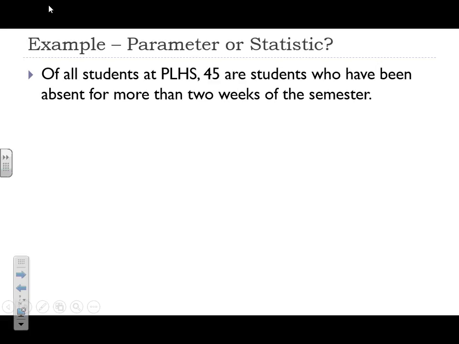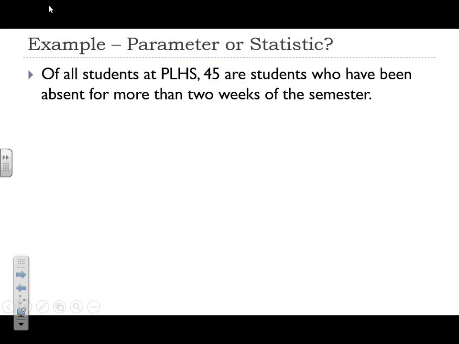Here's the next one. Of all students at PLHS, 45 are students who have been absent for more than 2 weeks of the semester. So in this case, what's my population of interest? PLHS students. Okay, so I'm interested in all PLHS students, right?